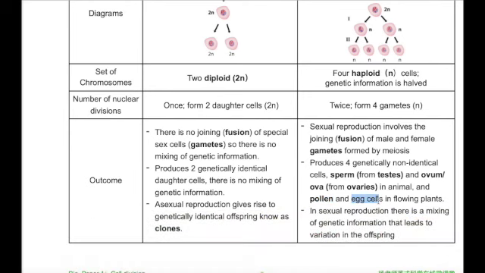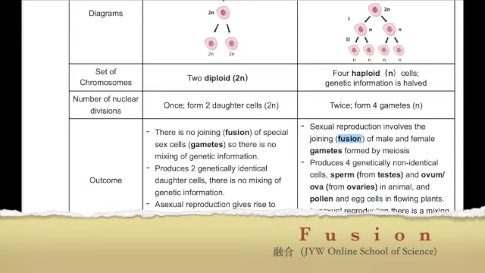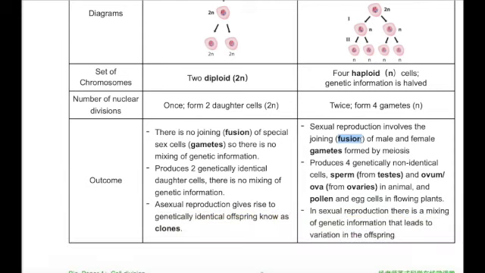That's for plants. Now, when the sex cells join together, when an egg is fertilized by a sperm, we say they fuse together. That means the nucleus of the sperm joins with the nucleus of the egg.